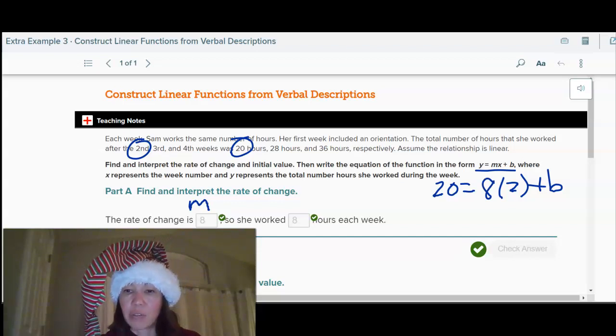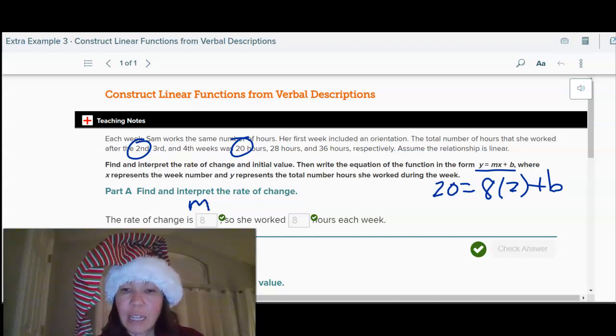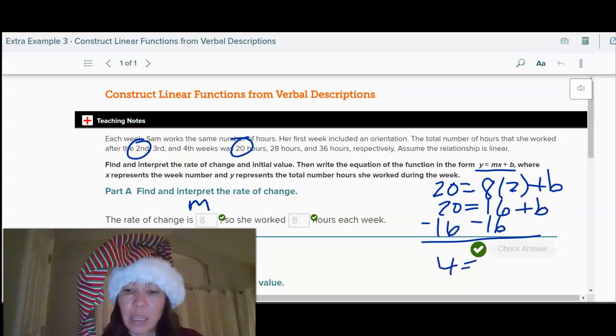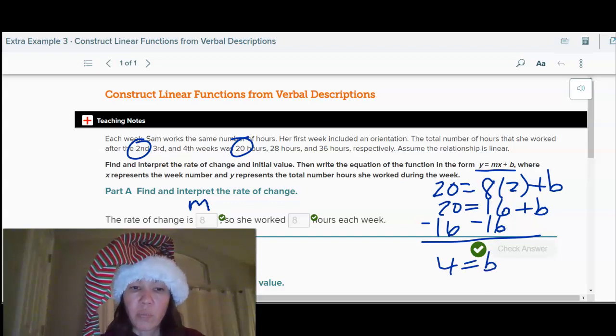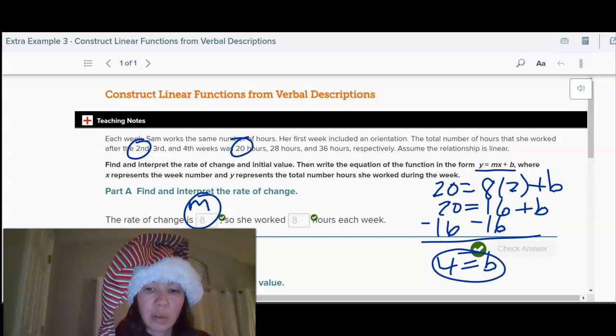So we'll put in 8 for m, 2 for x, and 20 for y. And then again, solving this equation for b, we could subtract 16 from both sides, and we get that b equals 4. So m is 8, b is 4, y equals mx plus b.